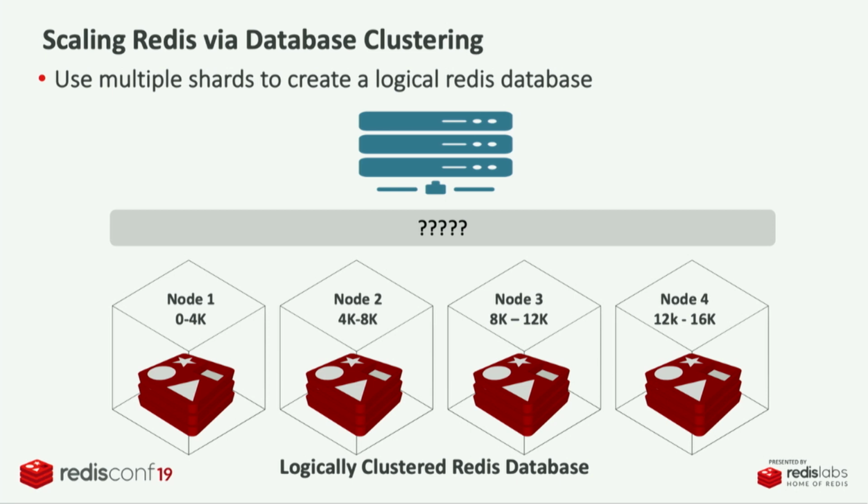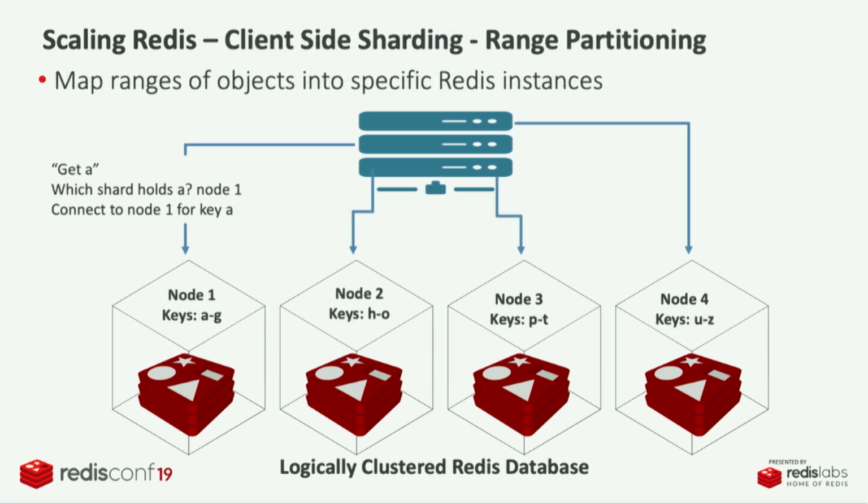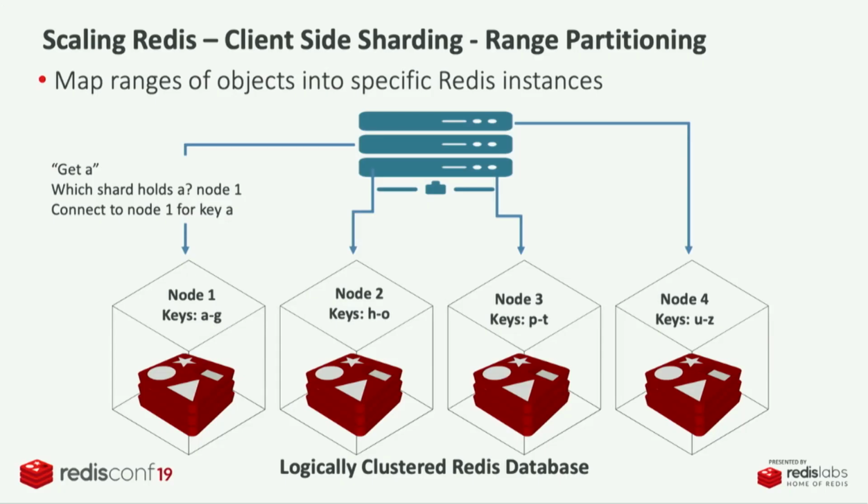So there's different options that you could take. Okay? So one example is to let the client logic decide which one of these nodes, which one of these shards you talk to. Your client application, you write the Python or Java code where you define a lookup table to say, for keys with ranges from A to G, I go to shard 1 or node 1.